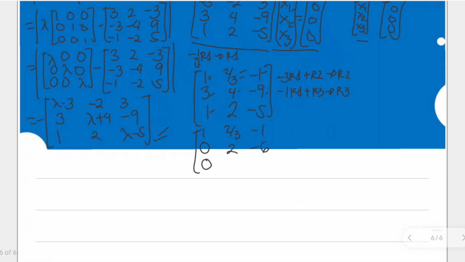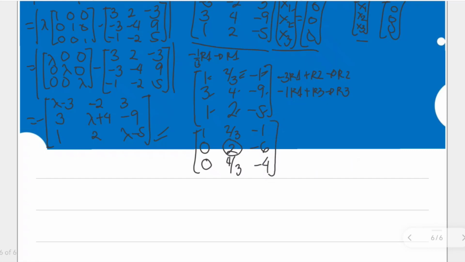Negative 1 times 2/3 is negative 2/3. This is actually 6/3. So negative 2/3 minus 6/3, you have negative 4/3. Again, negative 1 times 2/3 is negative 2/3. This is 6/3, so that's correct. Negative 1 times negative 1 is positive 1 plus negative 5 is negative 4.